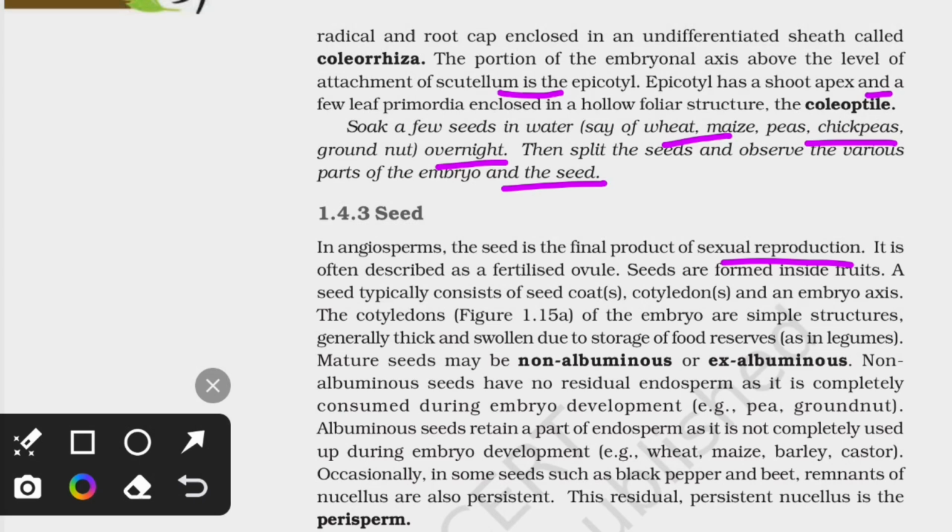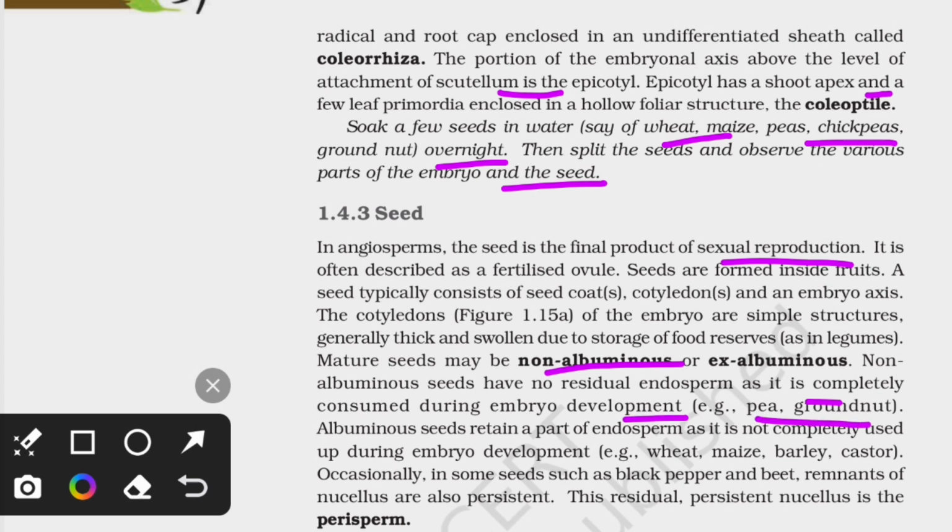A seed typically consists of seed coat, cotyledons, and the embryo axis. The cotyledons of the embryo are simple structures, generally thick and swollen due to the storage of food reserves, as in legumes. Mature seeds may be non-albuminous and albuminous. Non-albuminous seeds have no residual endosperm as it is completely consumed during embryo development, for example pea, groundnut.